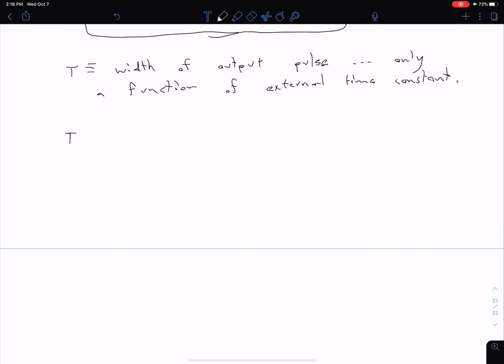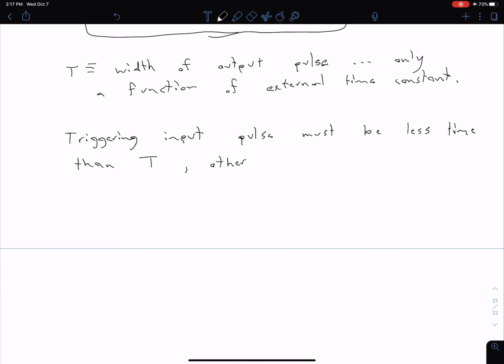So our triggering input pulse, that downward pulse, has to be less than T, so shorter duration than our capital T, because otherwise we get R and S both equal to 1, and that is our undefined state.